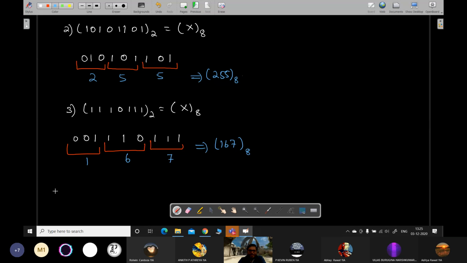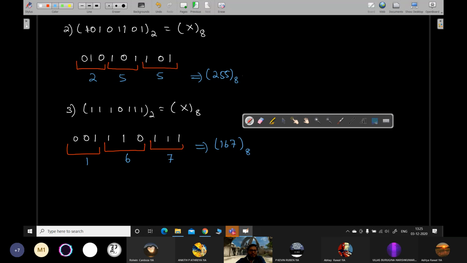Okay. Now I'll go to the third type. I'll take the same number 1 1 1 0 1 1 1, and let's say I'll add one more 1 here. Right. And I'll write 2.